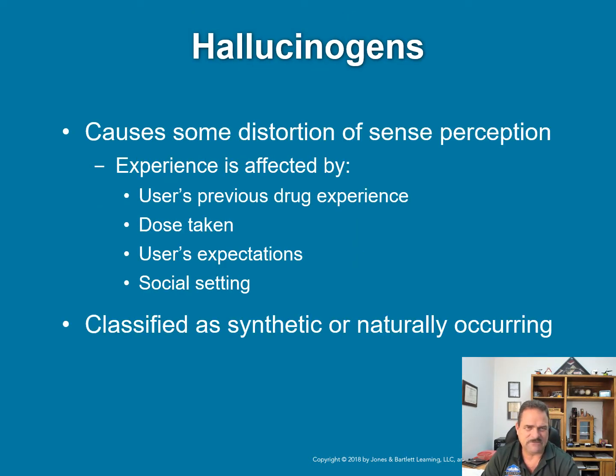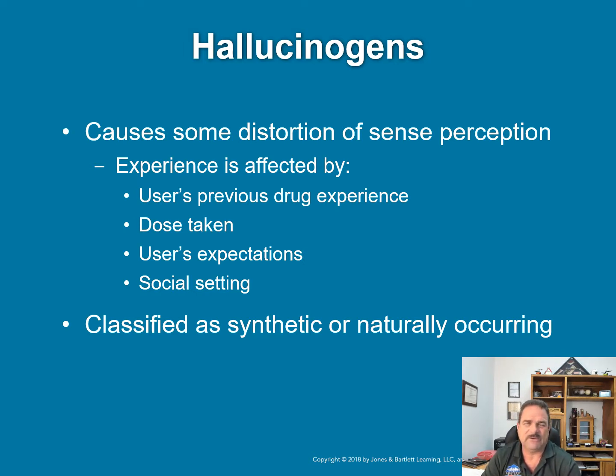All right, so hallucinogens cause some kind of distorted sense of perception, period. They may also create a realistic sensation of images or sounds that are not actually present. Experiences with hallucinogens are unpredictable and can vary markedly from one person to another.